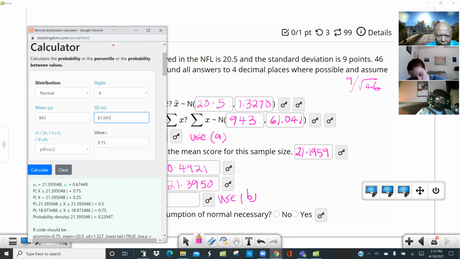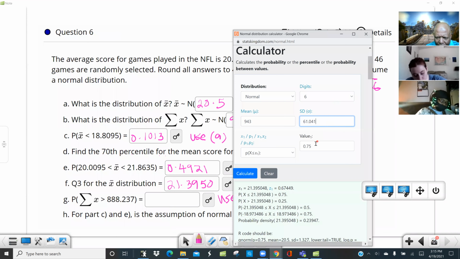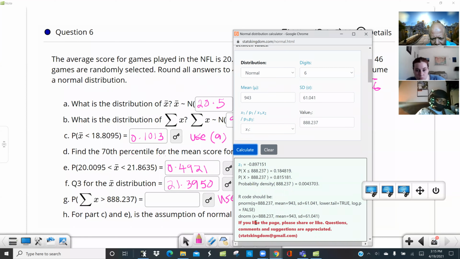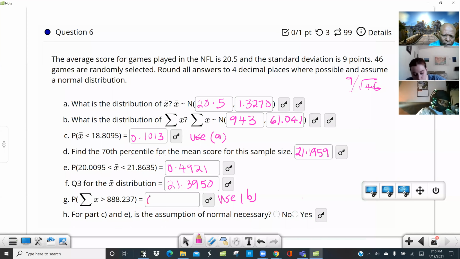And you want to go to the right of 888.237. Bigger is what we need. And it is 0.8152. Is the assumption of normality necessary?